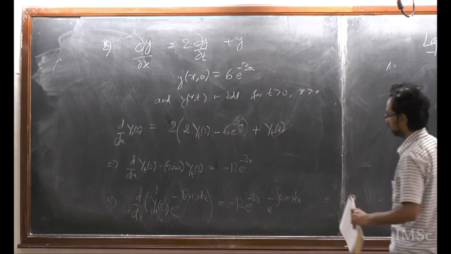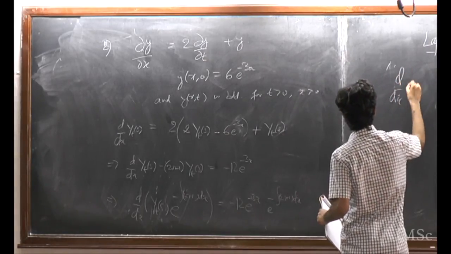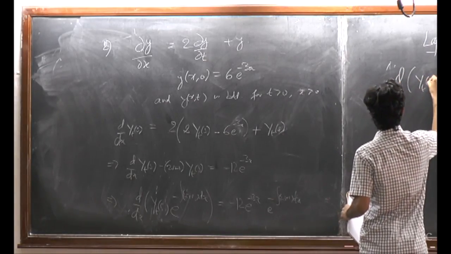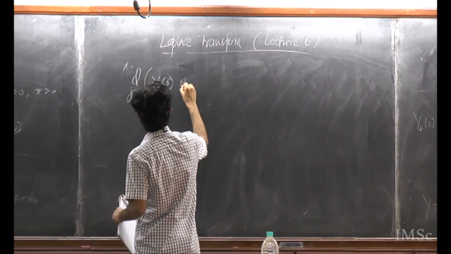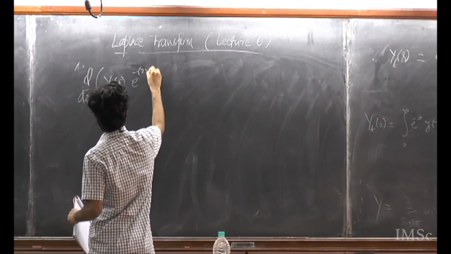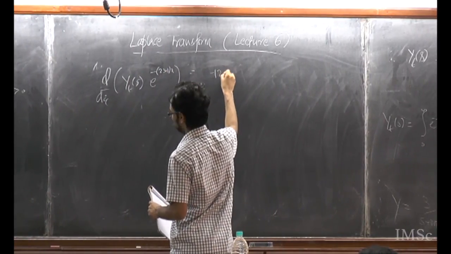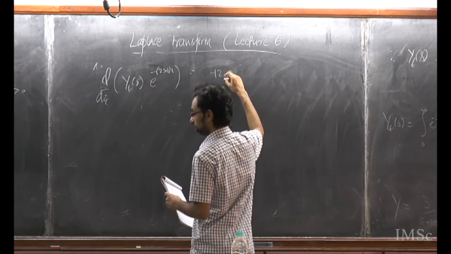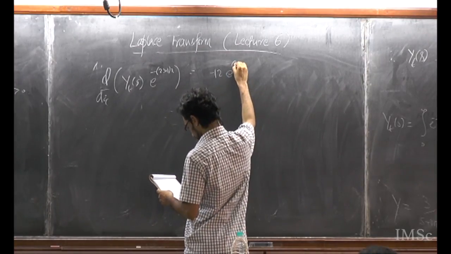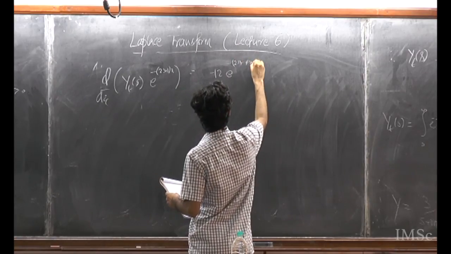So what do we get? So d over dx of Y(x,s), and this is just e to the minus (2s plus 1)x. This is equal to minus 12 e to the minus (2s plus 4)x.